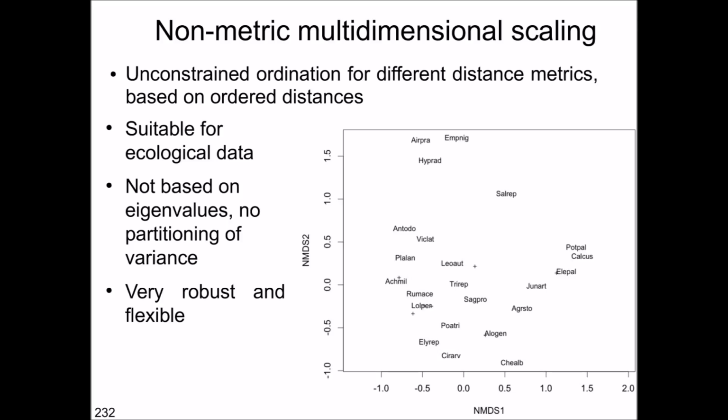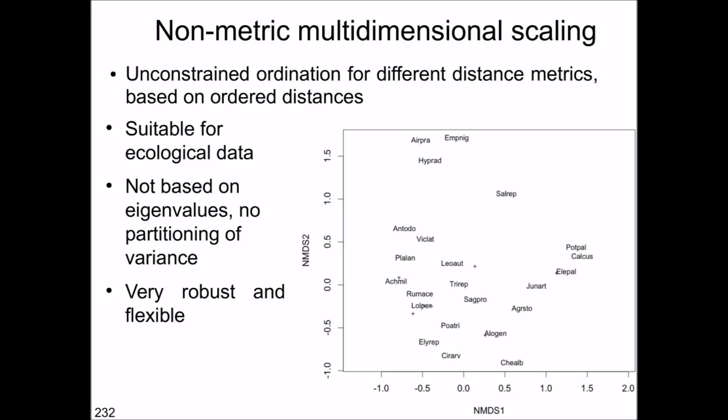So non-metric multidimensional scaling is an unconstrained ordination method that is particularly used to visualize distances from a similarity matrix or distance matrix, and it's based on ordered distances.